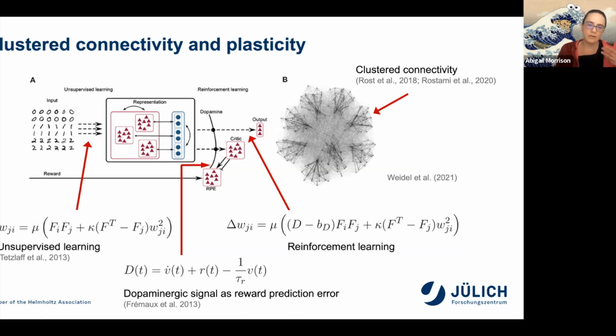And the plasticity model that we use here is the one proposed by Christian Tetzlaff in 2013. And for the reinforcement learning, we use exactly the same model, but just with a dopaminergic additional factor involved.